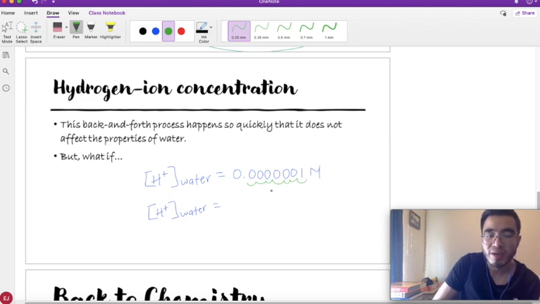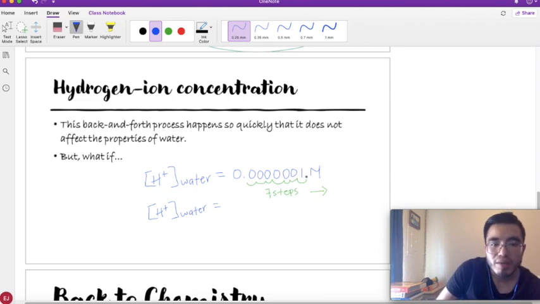So I'm going to write 7 steps. And then it was to the right. Let's go back to blue. We write the decimal point where we stop, so it would be like this: 1.0 times 10.